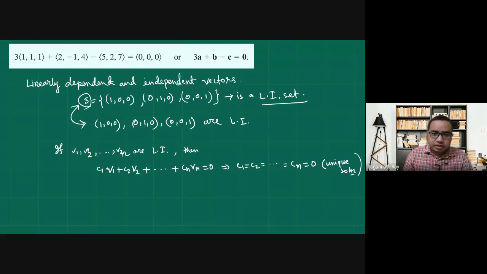After solving these equations, we will have a unique solution for the linearly independent case.